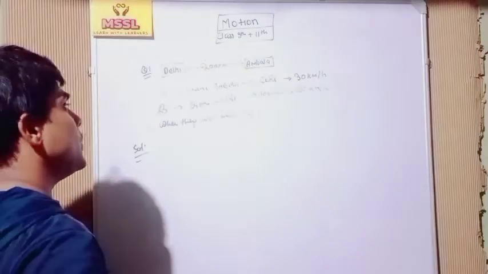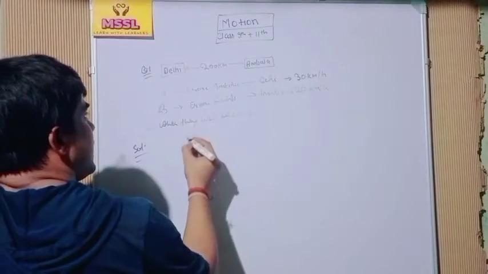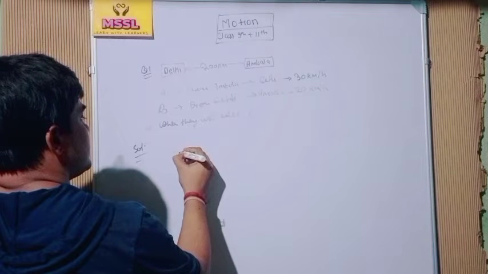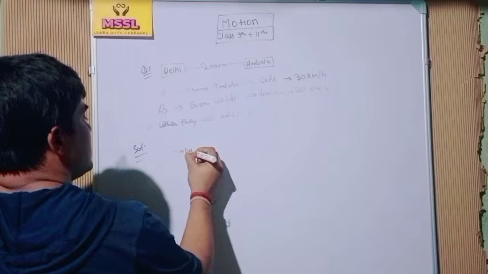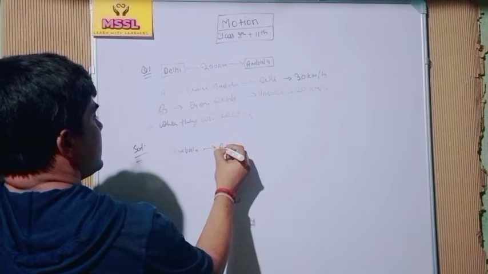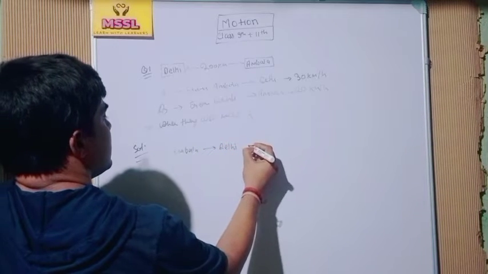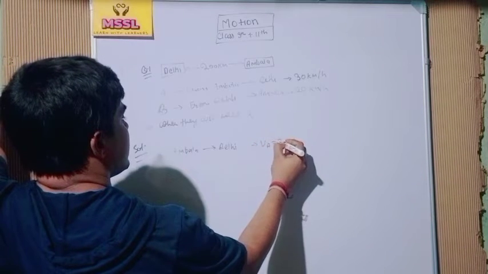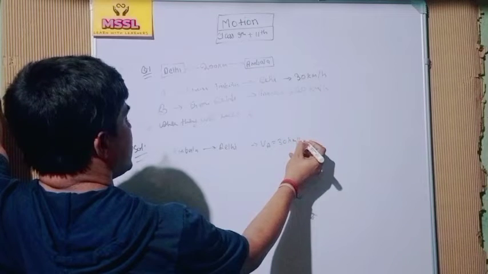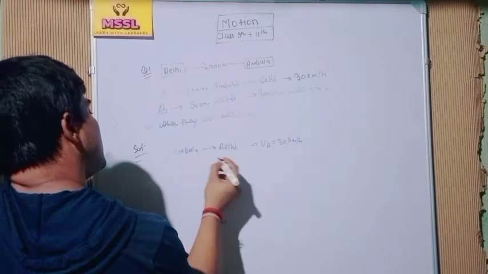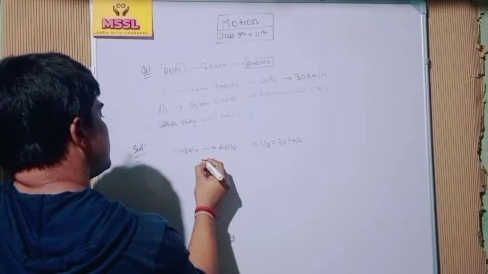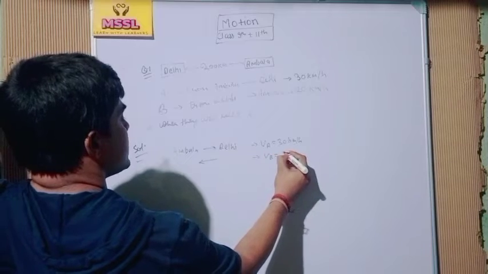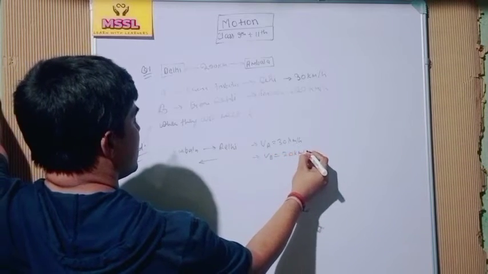A is running from Ambala to Delhi, so the velocity of A is 30 km per hour, and similarly the velocity of B is 20 km per hour.